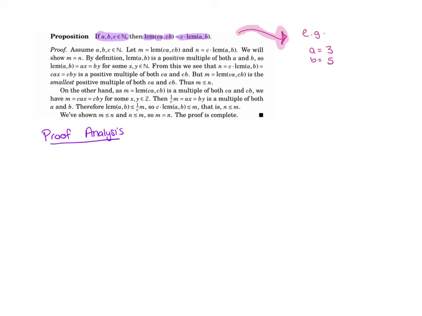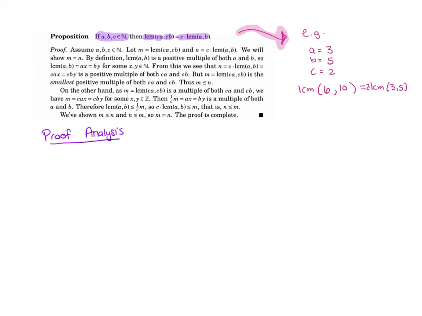And then c can be, say, 2. Okay, so this tells us that the LCM of 6 and 10 should equal the LCM of 3 and 5 times that 2, where I get to put the 2 in front like they had it.